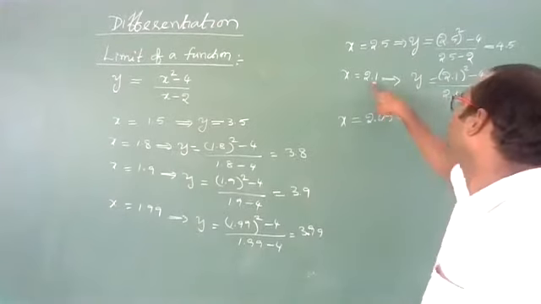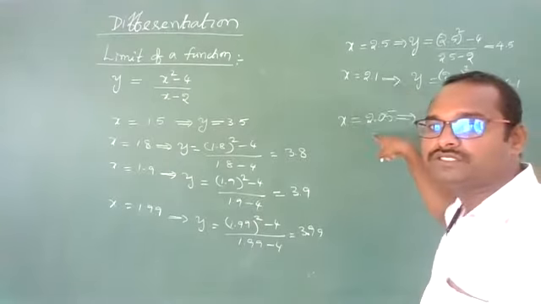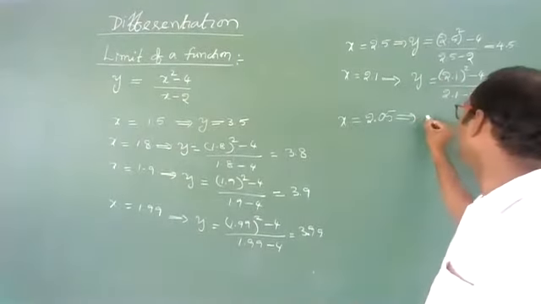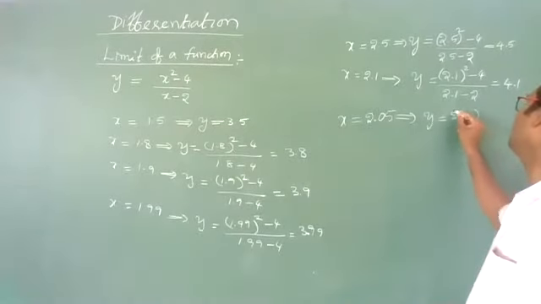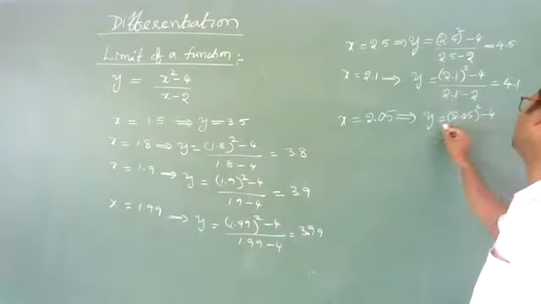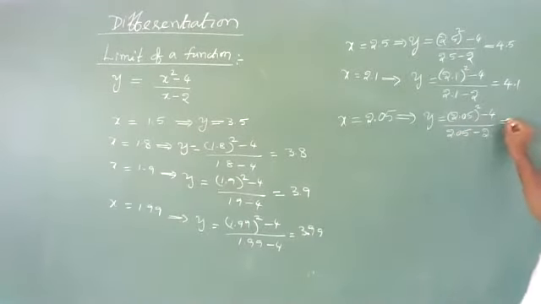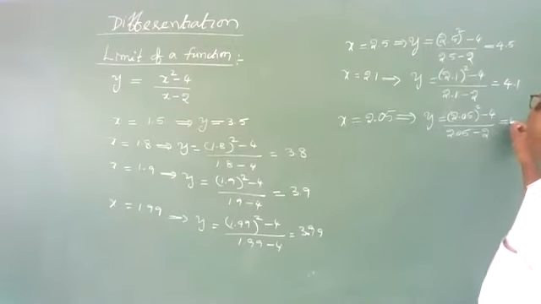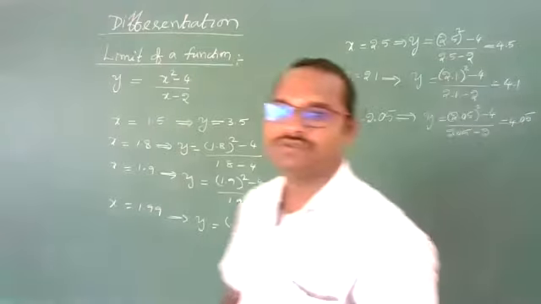Before I had taken 2.1, now I want to take 2.05. What will you get as the y value? y equals 2.05 squared minus 4, divided by 2.05 minus 2. Now you will get 4.05. Is it correct? Yes, 4.05 you will get.